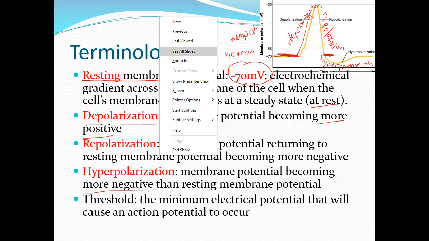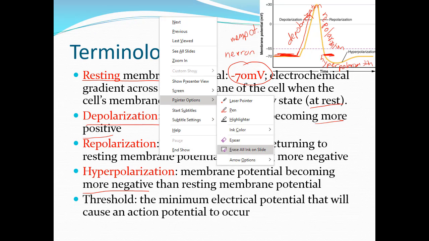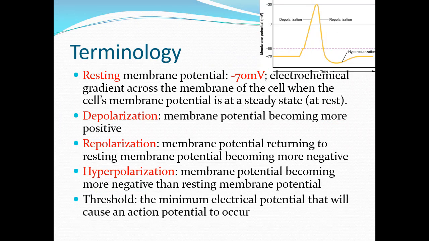There is a term called threshold, and the threshold for a neuron is negative 55 millivolts. What this means is that if we depolarize the cell to threshold, it's going to become excited, and when it becomes excited, it's going to cause what we call an action potential.